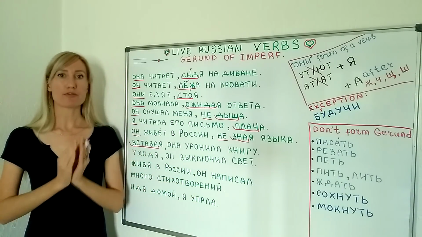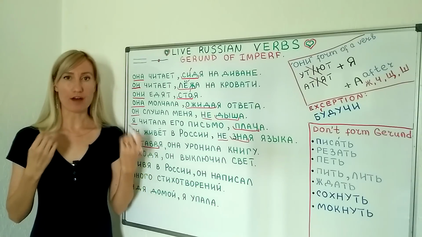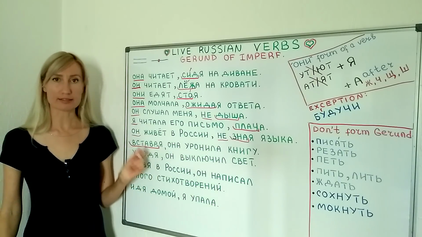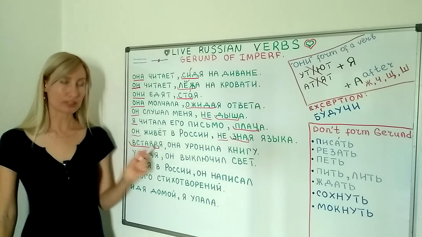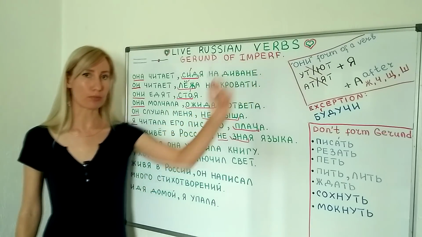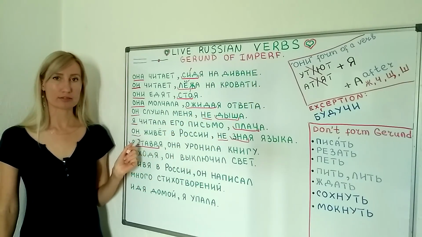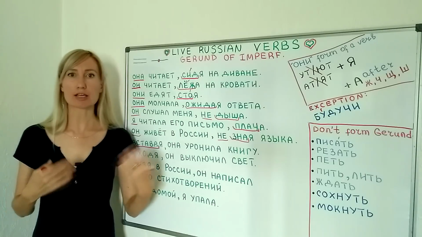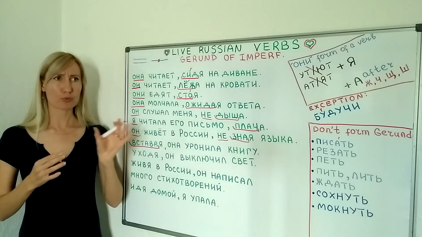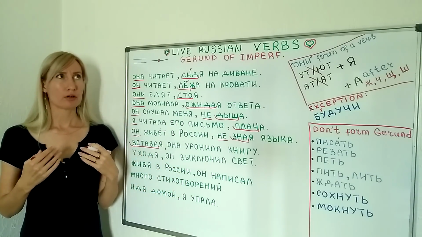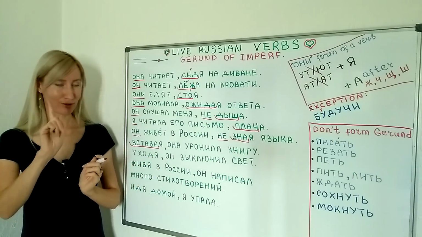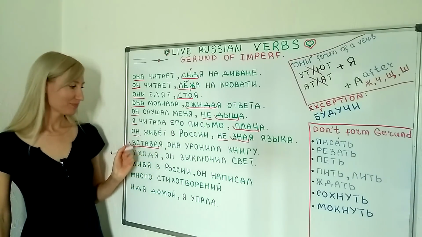Just memorize verbs with авать will form it this way. From the infinitive, not from the они form, because они form for вставать, они встают. If we remove ют, it will be встая, no, вставая.